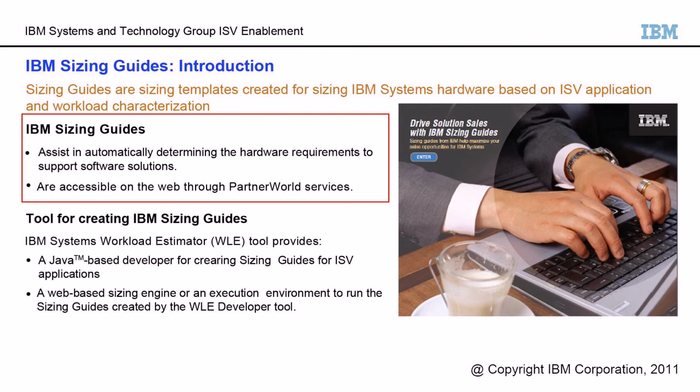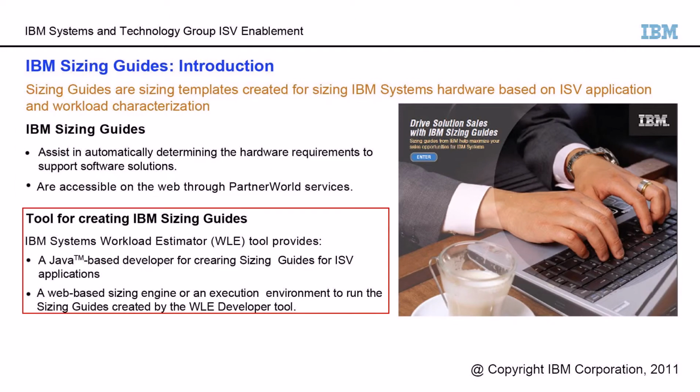The IBM Sizing Guide tool assists in automatically determining the necessary hardware requirements to support your software solutions. This tool is accessible on the web through Partner World services to your Salesforce customers and business partners, thereby providing access to its hardware configuration recommendations.